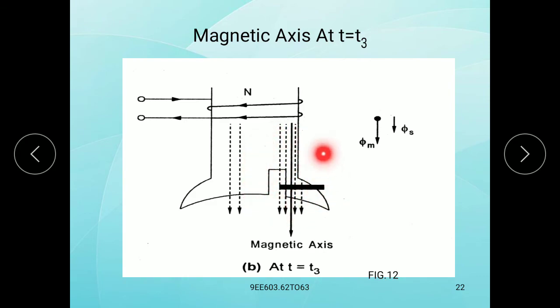The flux is crowded at t equal to t3. Here the main flux is in this way, and the shaded flux is in this way. So these two fluxes are in the same direction at t equal to t3.